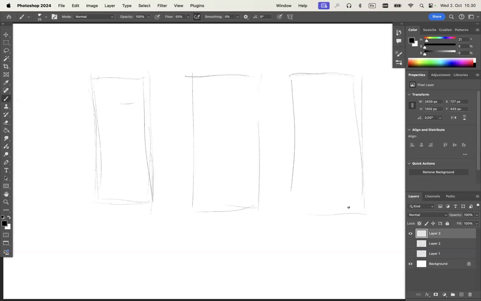I think this could be just as well done on paper, of course. Okay, now that I have these rectangles, then I start putting them into three parts. Let's have the first one like this. And then you also change the width of these.